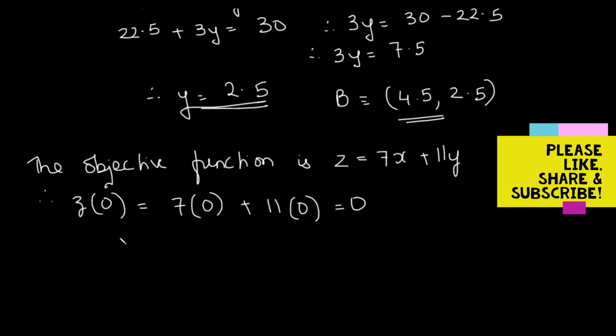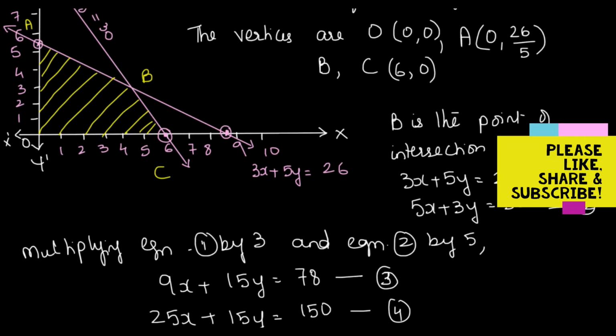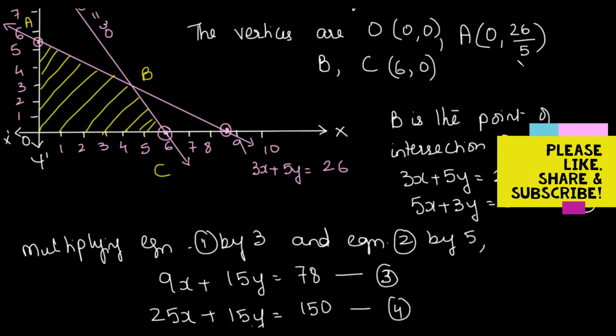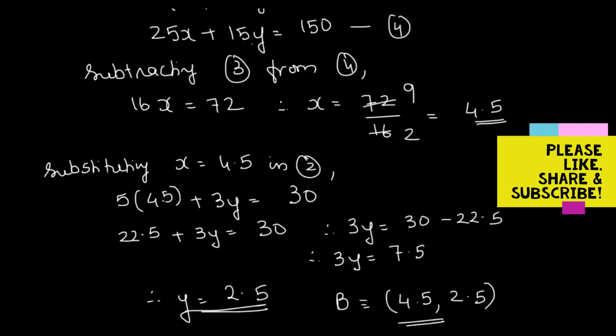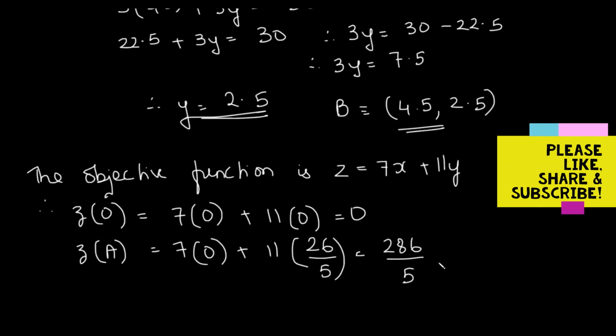And similarly, we have za. The coordinates of A in this case are 0, 26 upon 5. And therefore, we put that over here. So, 7 into 0 plus 11 into 26 upon 5, which comes out as 0 plus 286 upon 5.